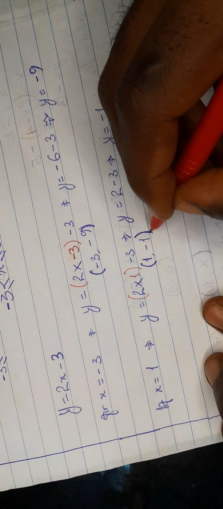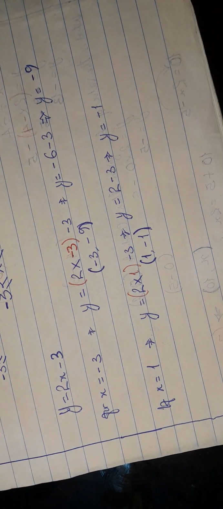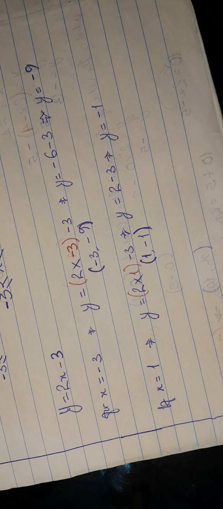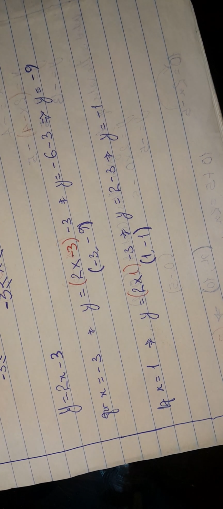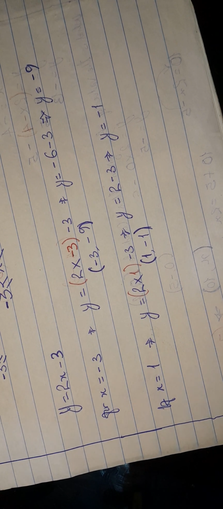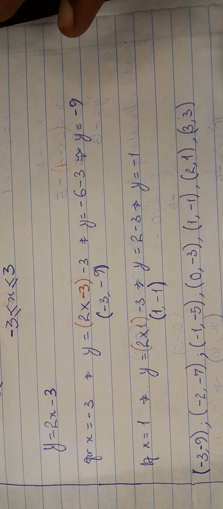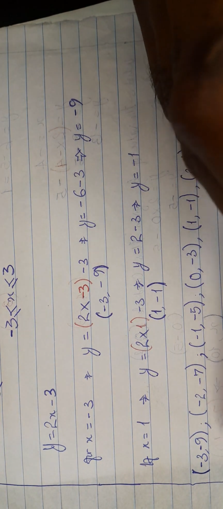All right, so I'm going to show you the remaining corresponding values for y for every x value. You can pause the video, try it, and compare your answer. I trust you that these are the values you have.